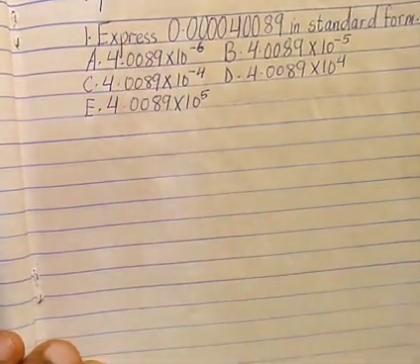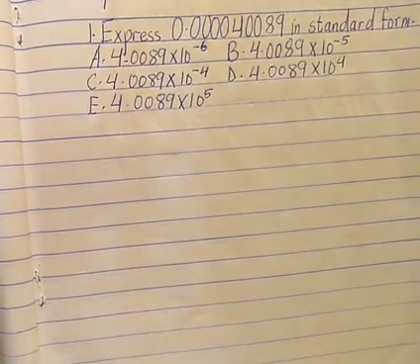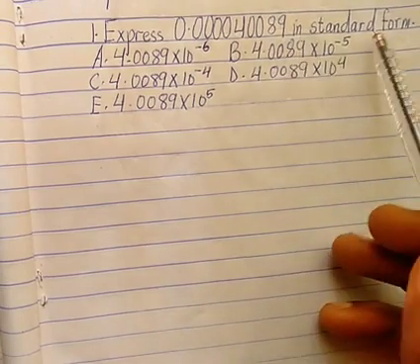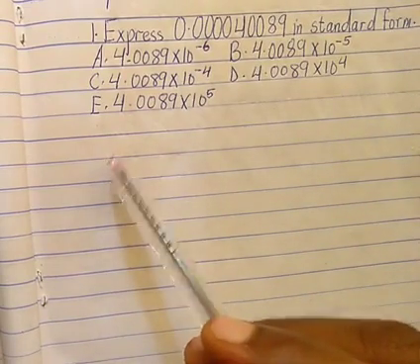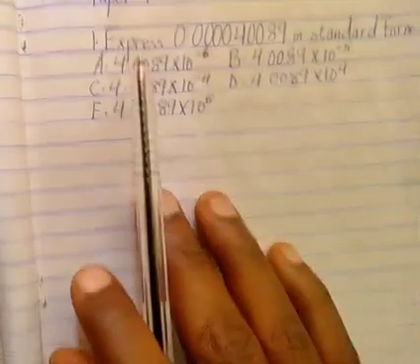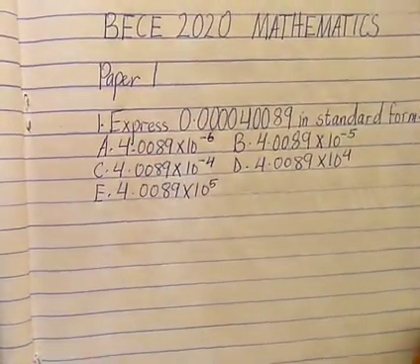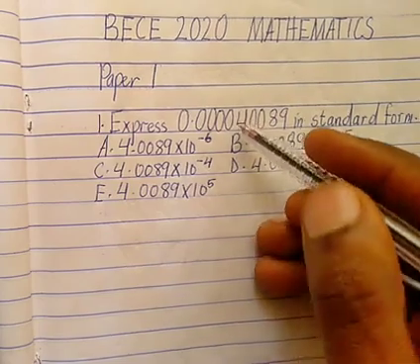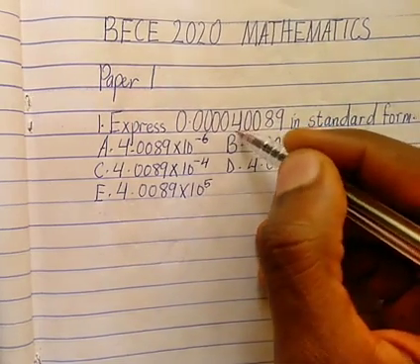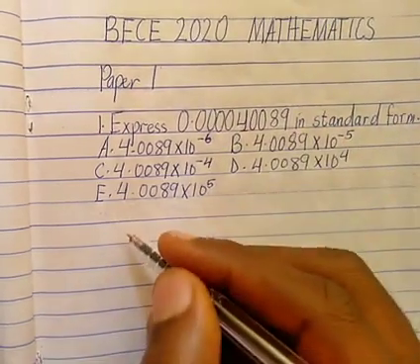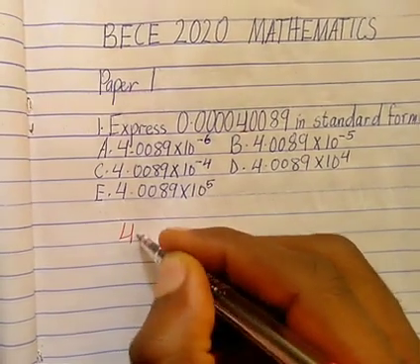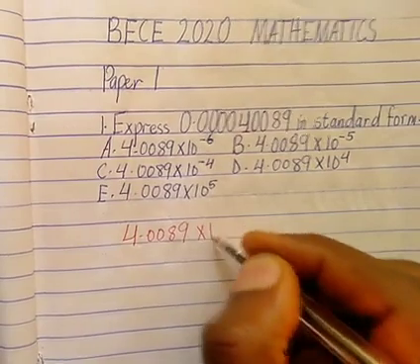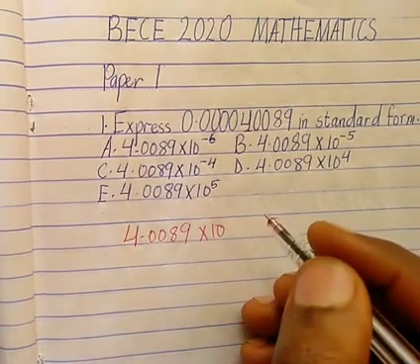Now express 0.0000400089 in standard form. With the little explanation that we just made, what we're going to do now is look at the first non-zero digit, the digit that is not 0. It is 4. So we can write out 4.0089 times 10 raised to power something. So how do we know that?